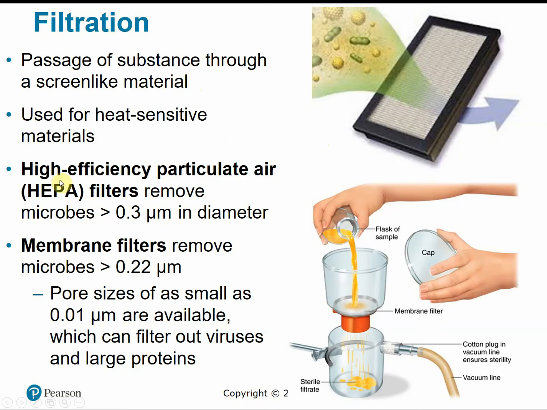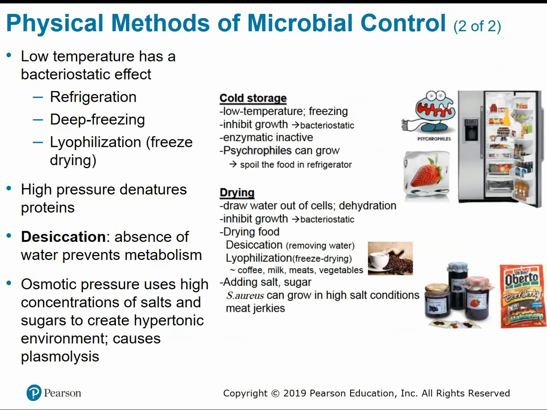HEPA stands for high efficiency particulate air filters. If we need to filter even smaller microorganisms like viruses or proteins, we can use membrane filters. Any microbe or particle would get trapped in this filter, and then we're left with our sterile filtrate.